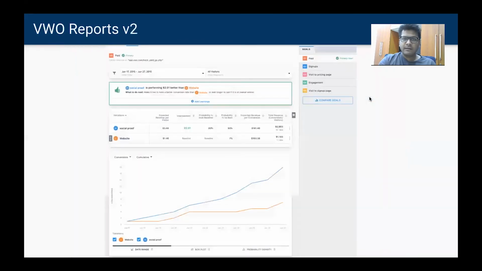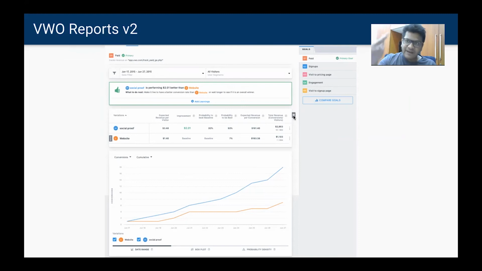So the version that we created after this was something like this. And one thing that is very interesting about these reports is that it looks much simpler, to the point, and cleaner than the previous reports, but it's more powerful. So you see these settings tabs, so you can actually customize the entire report.